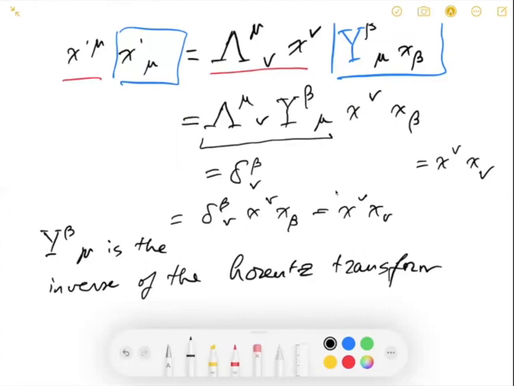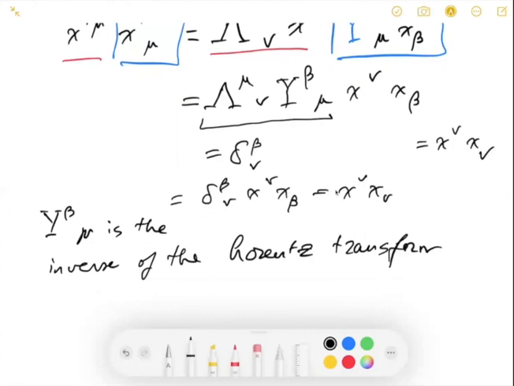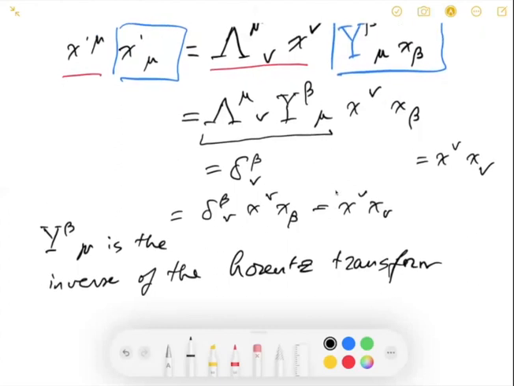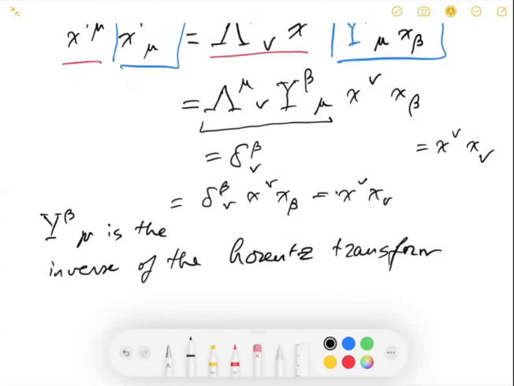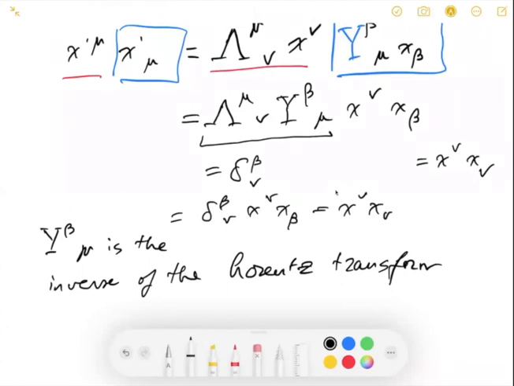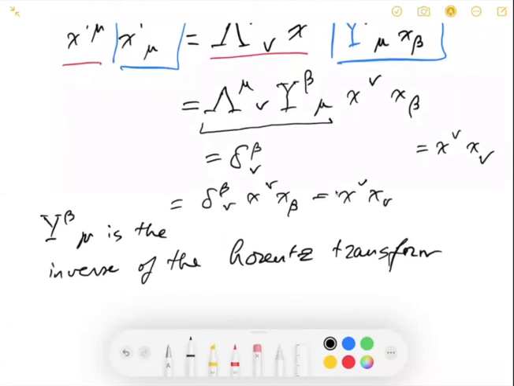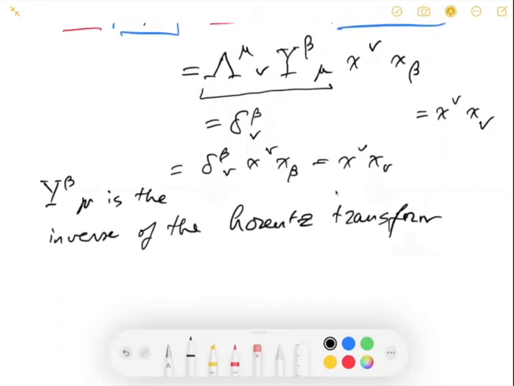Because it is the inverse, when you have a product of something that transforms with the Lorentz transform and something that transforms with the inverse of the transform, in the end it is independent of the Lorentz transform. That's why that dot product with x mu is independent of the coordinate system. So it's the inverse of the Lorentz transform, and that means covariant.